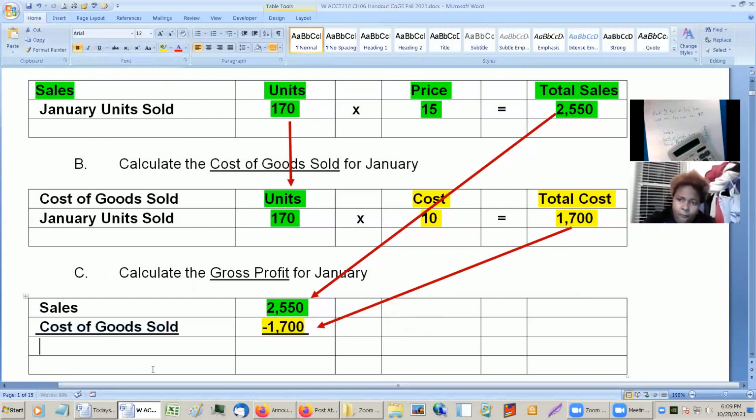850. So this is what they call the gross profit. Sometimes called gross margin, same thing. So if you see it in another book or something, it's gross margin.